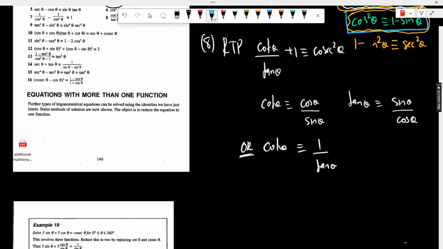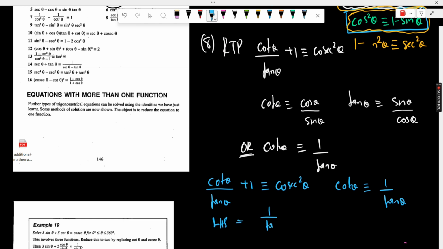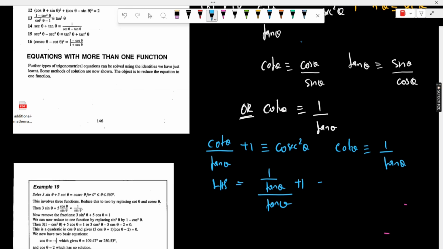All right, so I want to prove that cot theta over tan theta plus 1 is equivalent to cosec squared theta. But of course, I know that cot theta is equivalent to 1 over tan theta. So I could say that the LHS is equal to 1 over tan theta divided by tan theta plus 1, which of course is the same thing as 1 over tan squared theta plus 1.